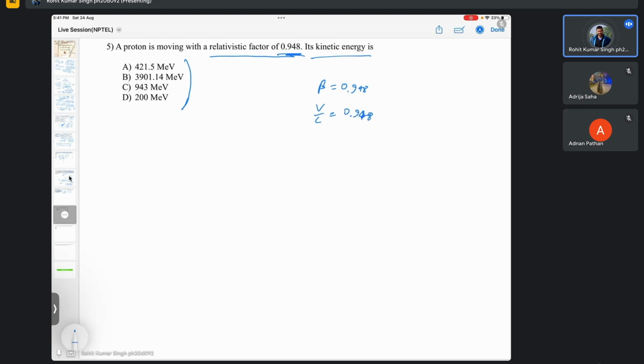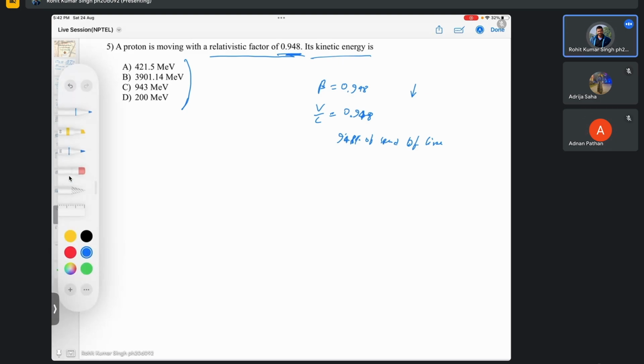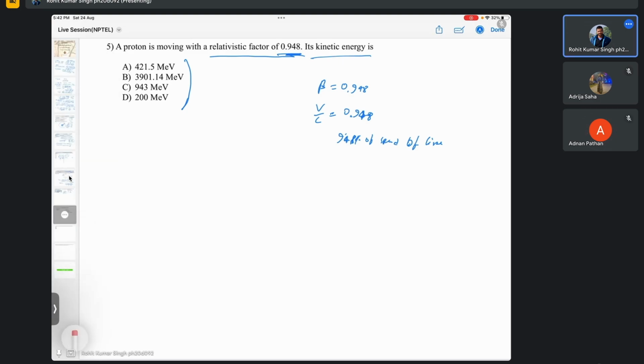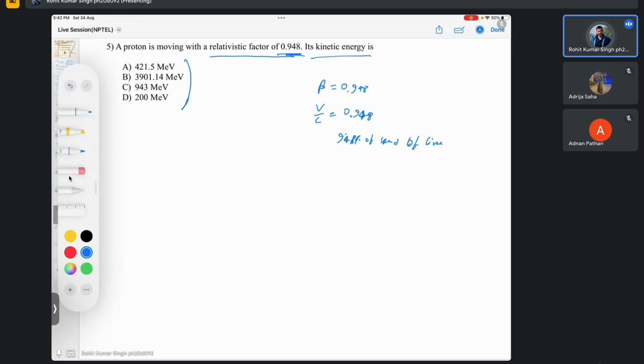So this is what tells you how much velocity the proton has. It's 94.8% of the speed of light. And gamma is 1 by root of 1 minus v square by c square. Gamma is this thing, right?